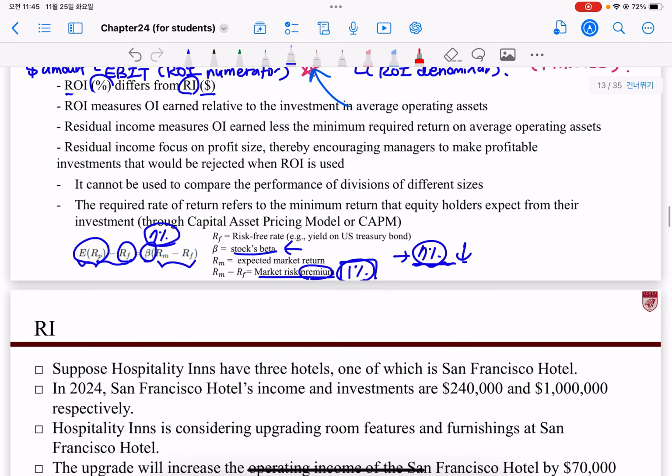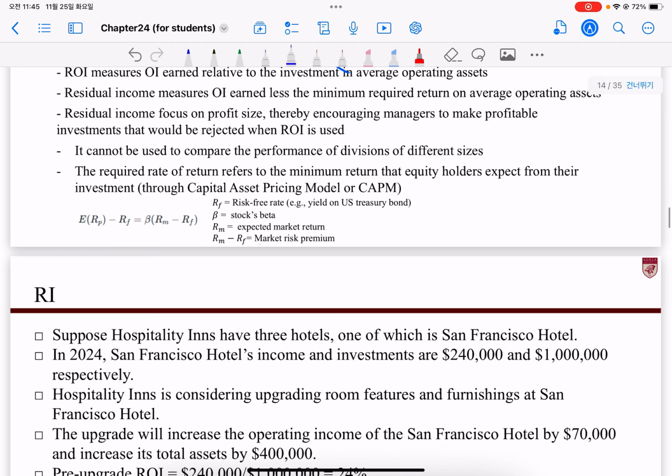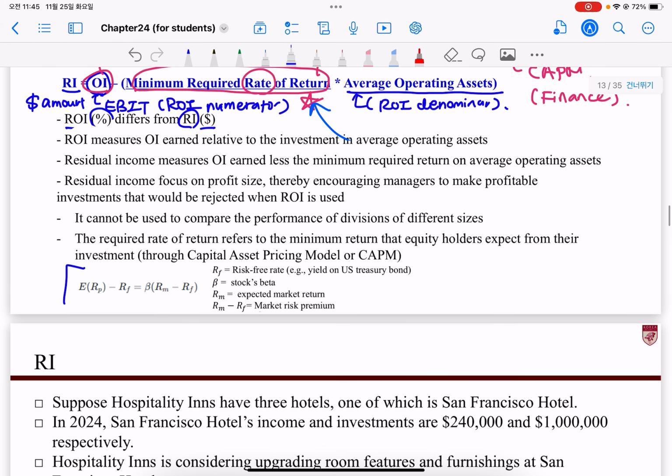Okay, so then how do we go about this? Usually you can estimate the portfolio return based on the time series. So you would need the time series for the company return, let's say RP, and then the RF, the risk-free rate, and the market return, right?